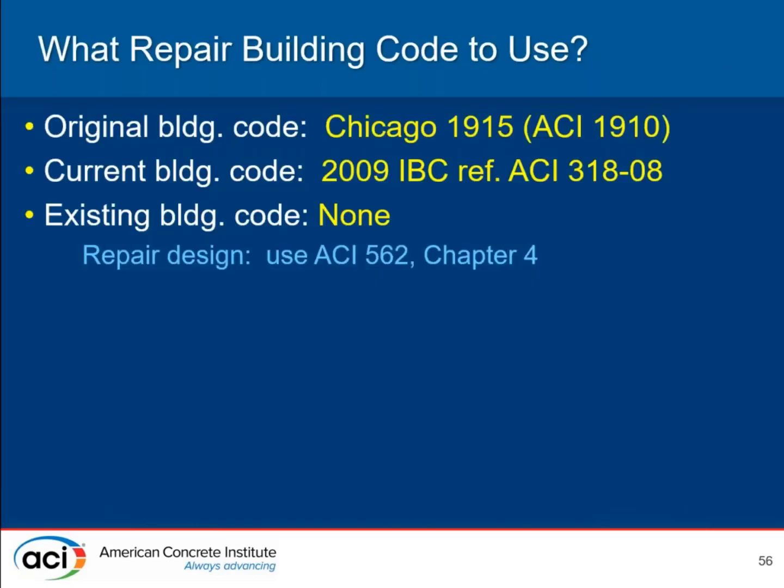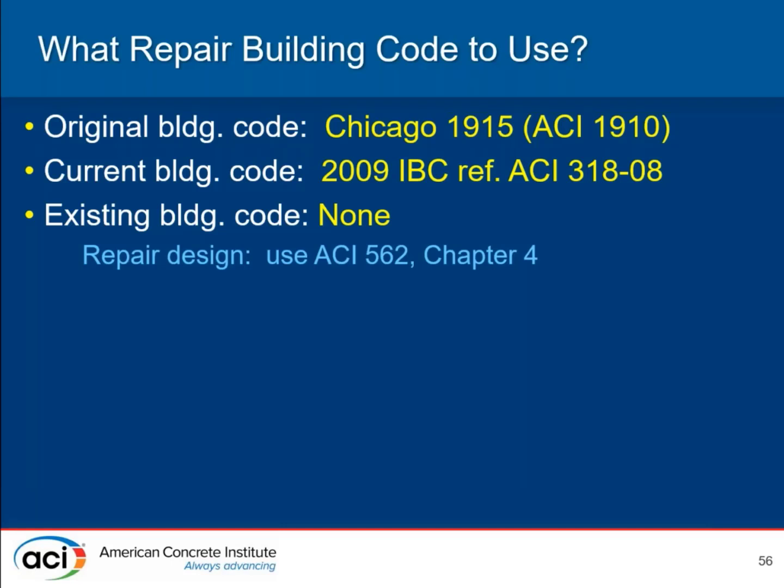The original building code would have been the proposed standard building regulation for the use of reinforced concrete, ACI 1910, with Chicago rulings of 1915 for flat slab design.